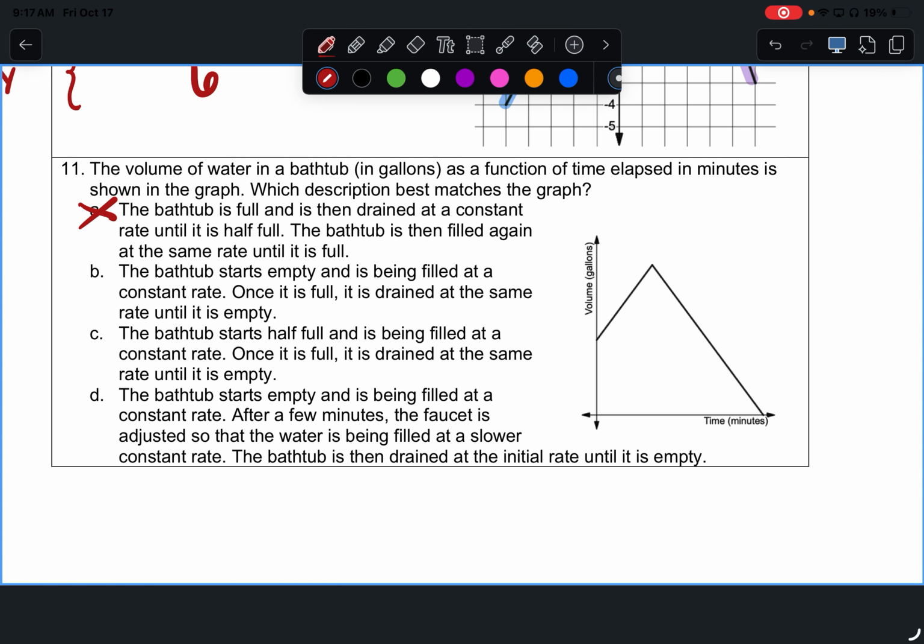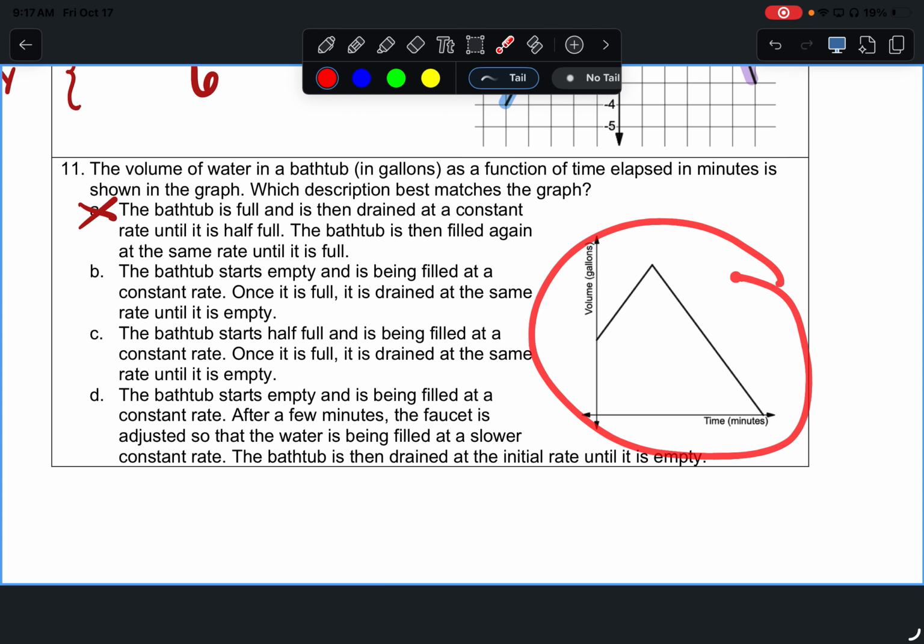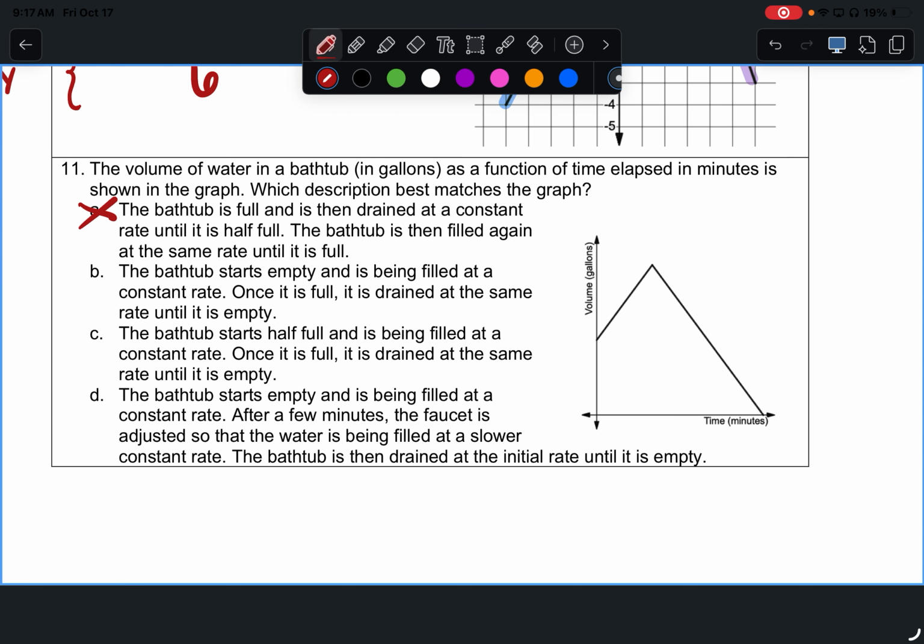Once it is full, it is drained at the same rate. Is this bathtub starting empty? No. C says the bathtub starts half full and is being filled at a constant rate. Once it's full, it is drained at the same rate. Yes, that is what's happening. Our bathtub starts half full, it's filled up, and then it is drained. Okay, so it can't be D either.